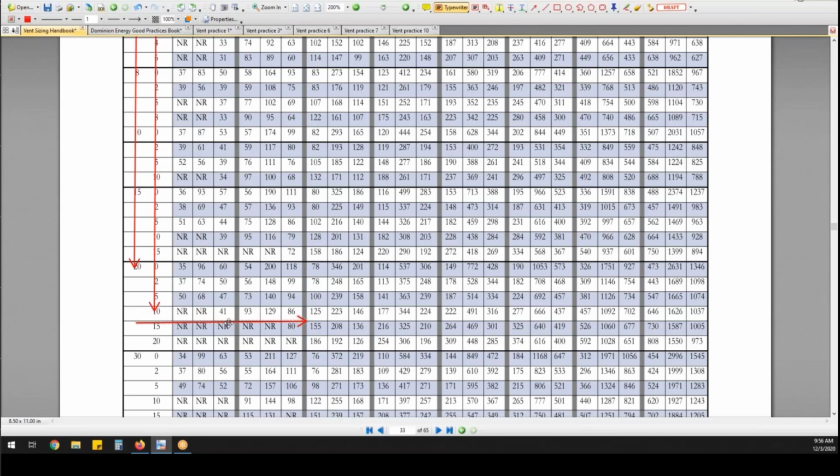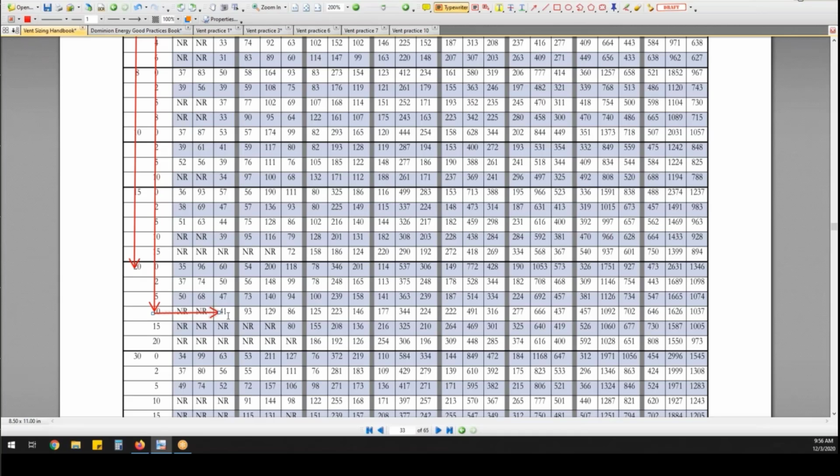All right, now let's see if we can find if this will work with single wall. So we need to be able to move 35,000 BTUs. If we use 3-inch single wall at a 10-foot lateral, that'll move 41,000 BTUs, right?